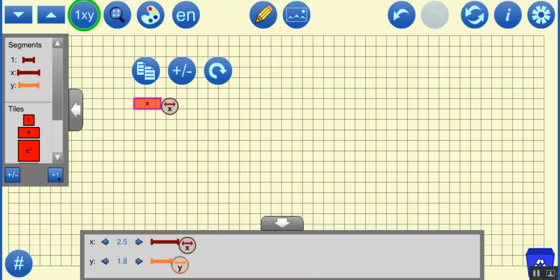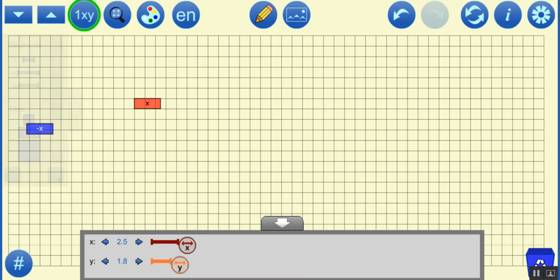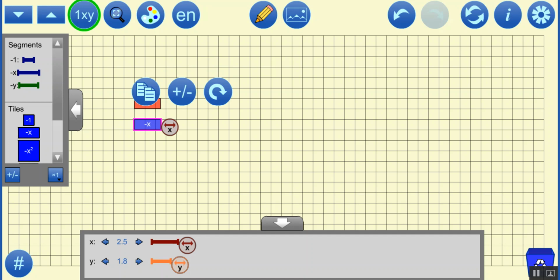Now, you'll also see, excuse me, on the computer, I've got a plus and minus button down here. If I click the plus and minus, I get, what does it say? Negative X, so subtract X. So one colour is positive X, the other colour is negative X. Now, what I can do, I believe, is I can change the colours of these, but we're not going to worry about it.